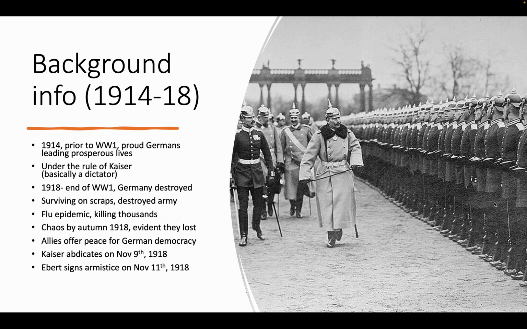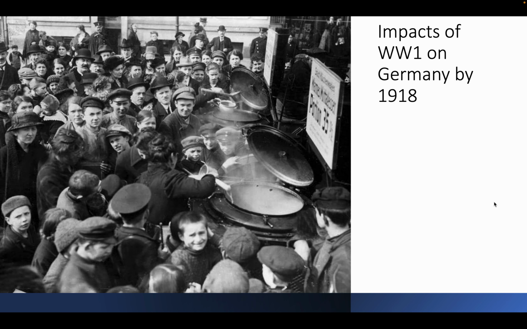And Herbert, who was basically the first German chancellor, I'll go into detail on him in the next few slides, but basically he signs the armistice on November 11th, 1918.